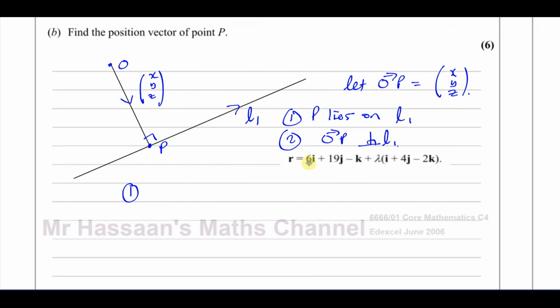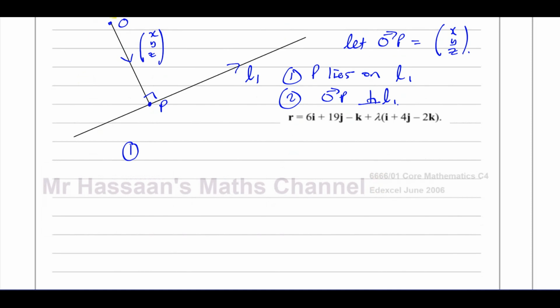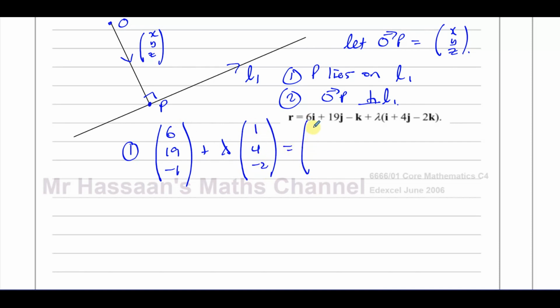It's way more efficient, easier to follow, and neater. This definitely takes me to the point P, x, y, z. If P lies on line 1, then there will definitely be a value of lambda that takes us to the point P.